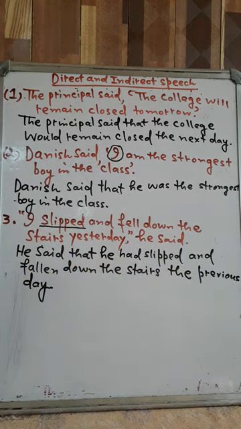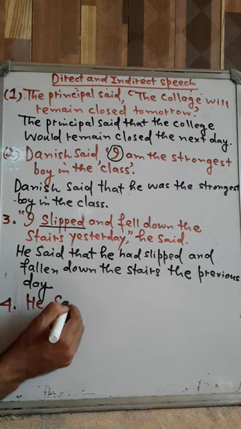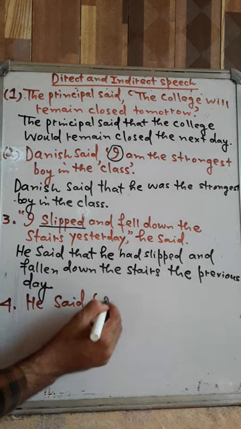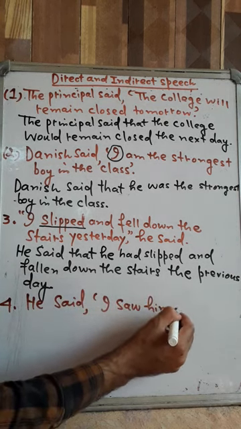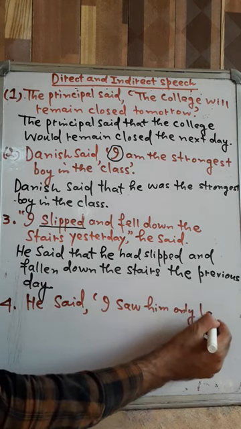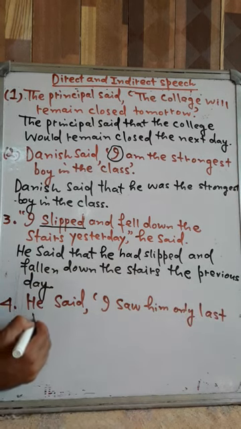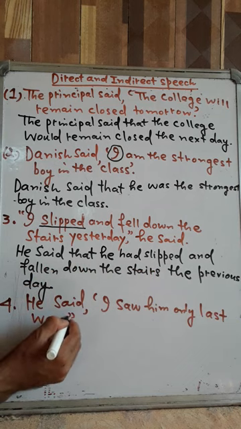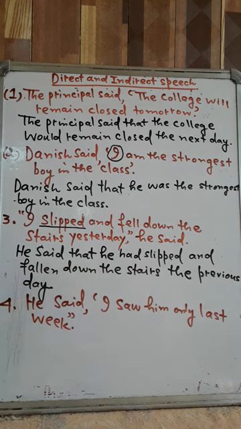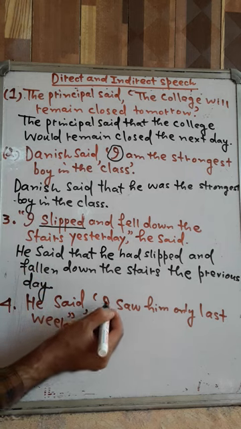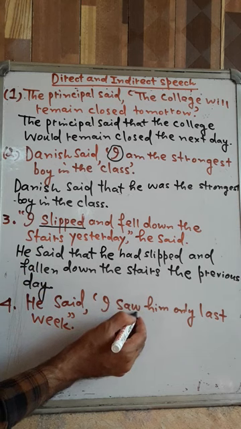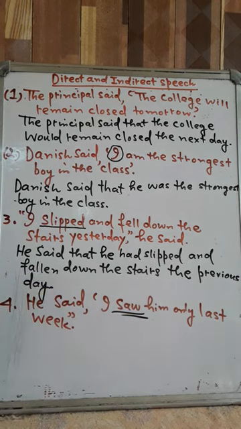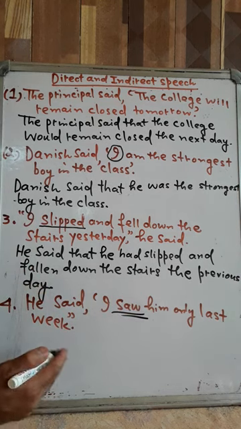Number fourth. He said, I saw him only last week. Again, we have to pay attention here. He said, I saw. See, saw, and seen. This is the second form of the verb. That means past simple becomes past perfect.